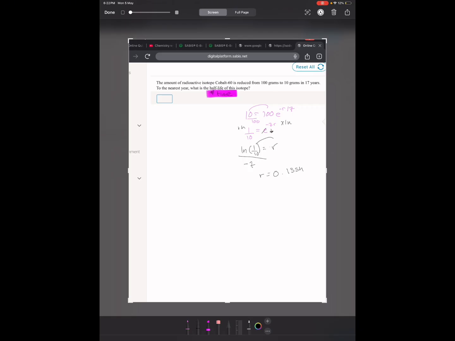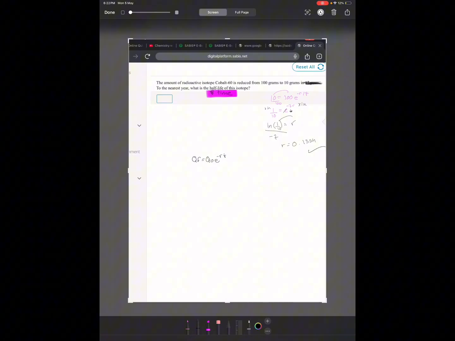Anyways, we're going to use the formula, which is QF equals QO e to the power of minus rt. So we already used the time for this, meaning we can't use this. We have the rate. We can't use the time, so we're going to try finding the time.